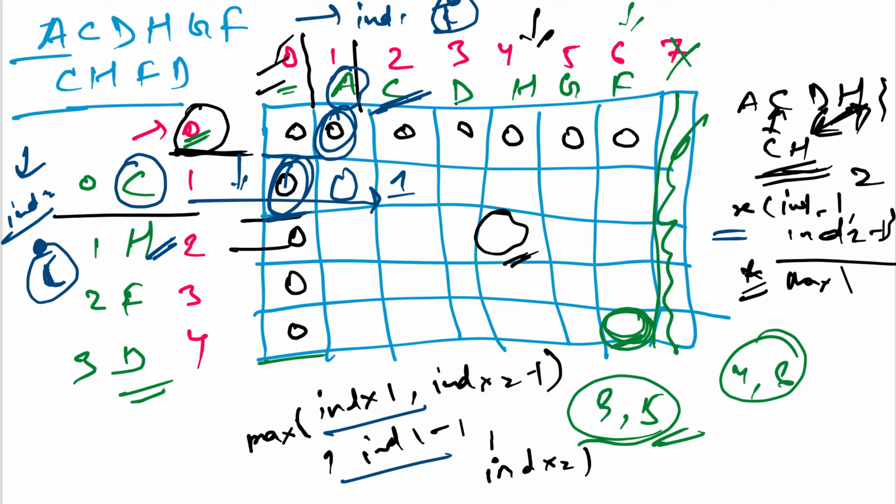Then D and C doesn't match, so we will get the maximum of these two. One option we have, decrease the j, that means this one, and then decrease the I, this one. Maximum of these two will be 1. Then again H and C doesn't match, maximum of these two is 1. Then G and C doesn't match, maximum is 1. Then F and C doesn't match, maximum is 1.